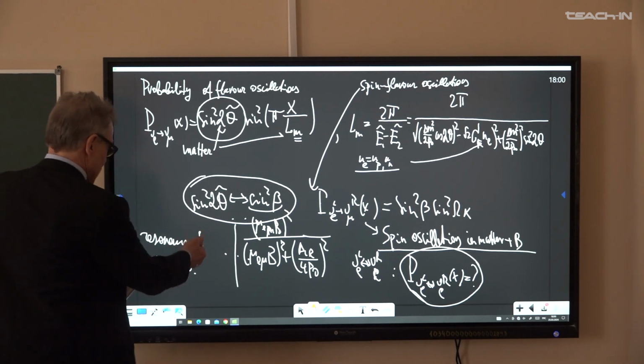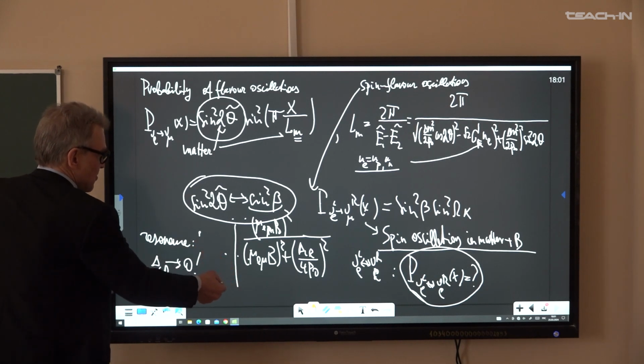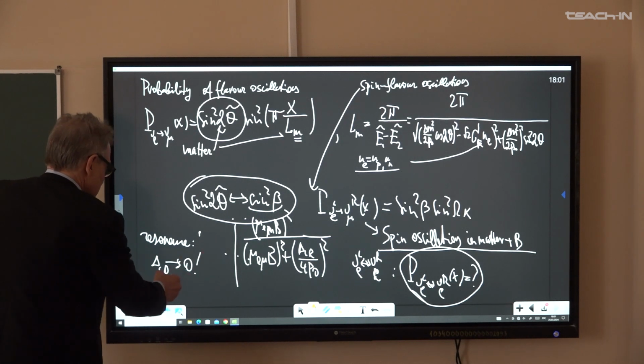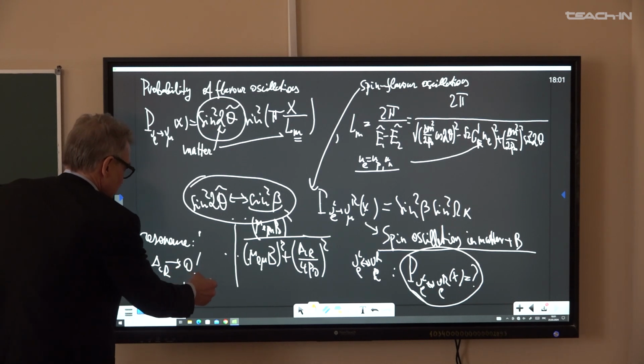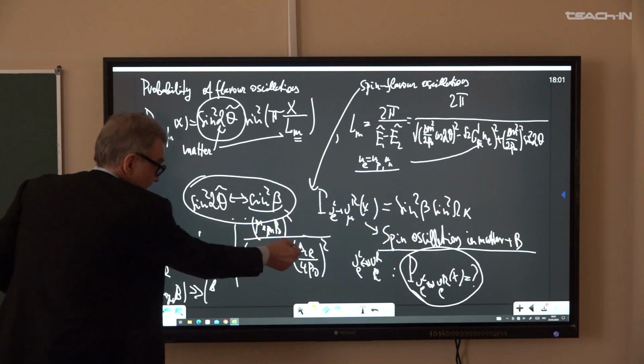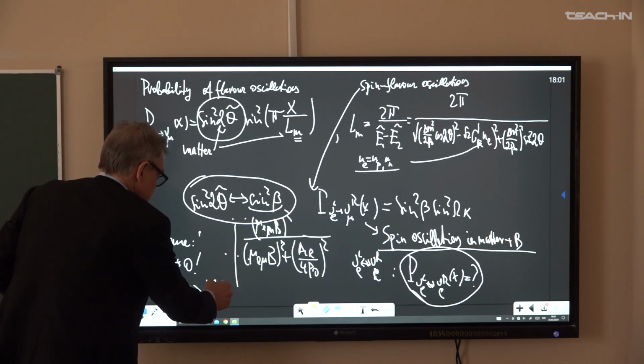Well, we can say that the resonance is realized not only when delta is equal to 0, but when delta is much smaller than this term. So we can write that the effective magnetic moment multiplied by the strength of the field should be much bigger than the modulus, because this can, if you remember, have a negative sign, of delta divided by 4 energy.